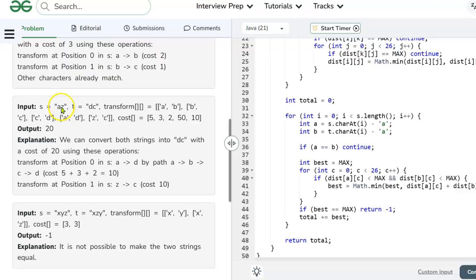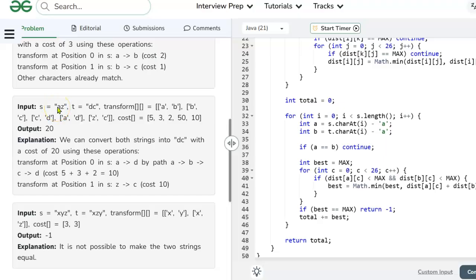Transform A to AZ to DC. The only transform we have for Z is that we can transform it to C at a cost of 10. We can also transform A to D at a cost of 50, but that's an interesting aspect of this problem, which is shortest paths.